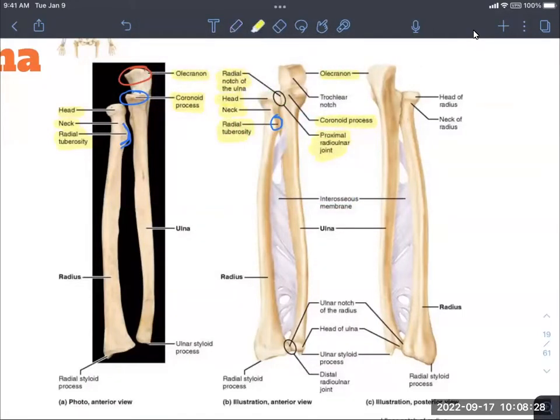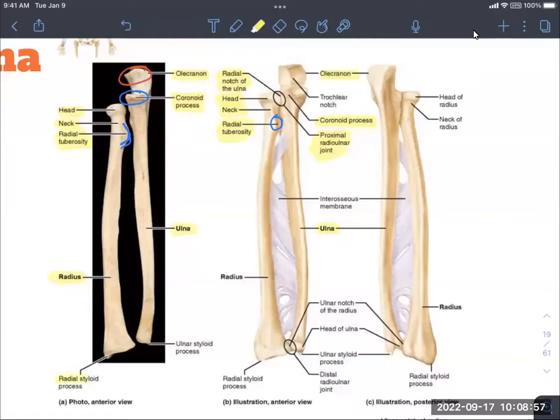Now, as we follow the bones down, the ulna actually stays pretty thin throughout, while the radius at the distal portion gets thicker. It gets bigger. The head of the radius is small at the proximal end, and at the distal end the radius is a lot bigger, thicker.